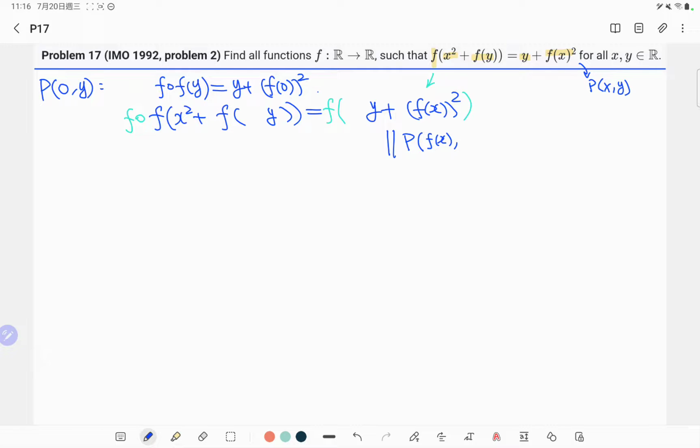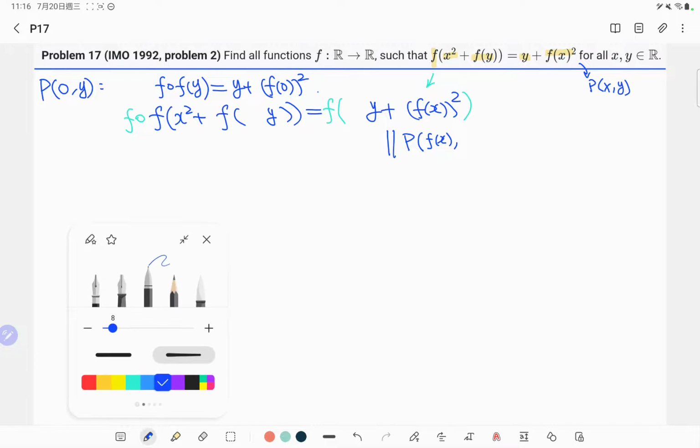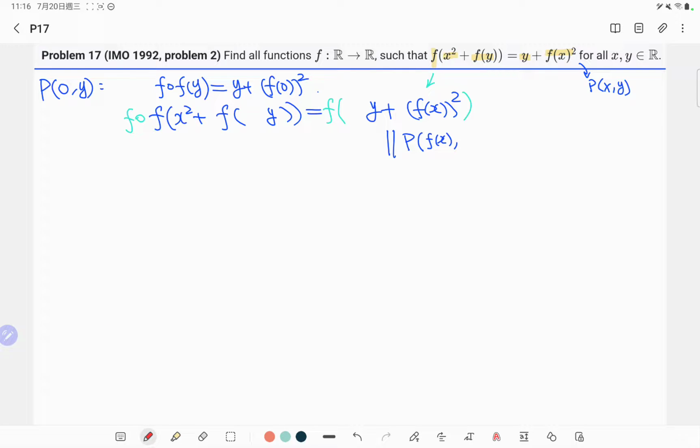But we cannot change f(y) to y, because so far the inverse function is not defined yet, so we cannot just change f(y) to f inverse. But we can manipulate the original functional equation by picking P(x, f(y)), which means we replace y by f(y).